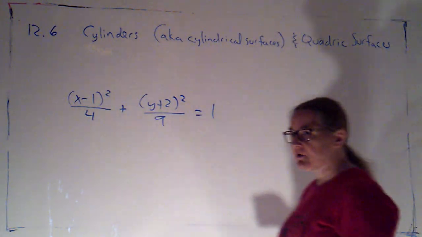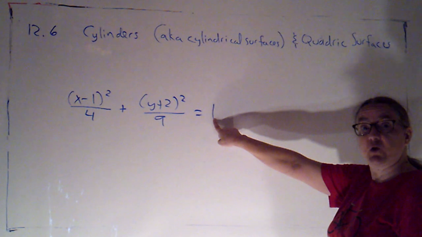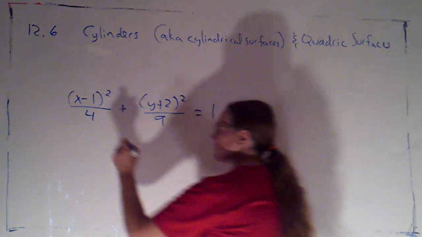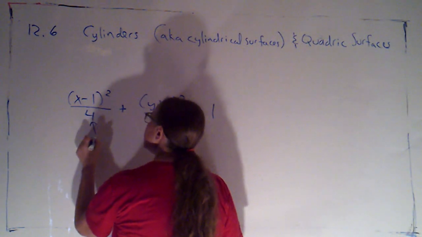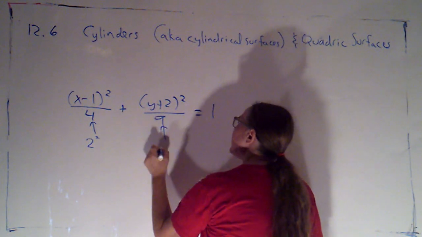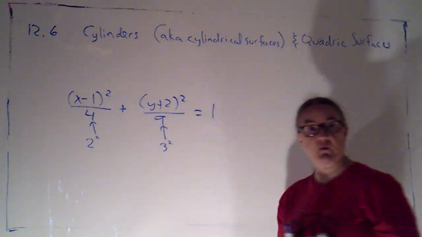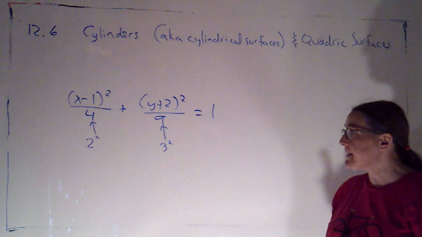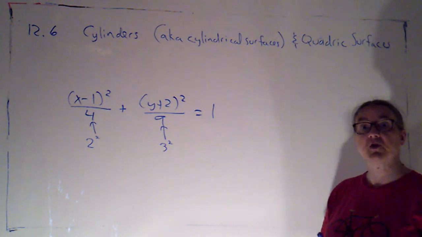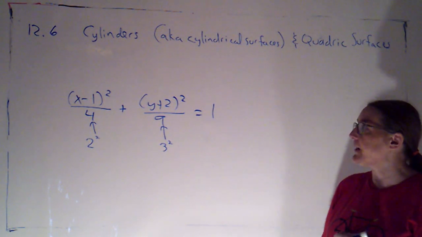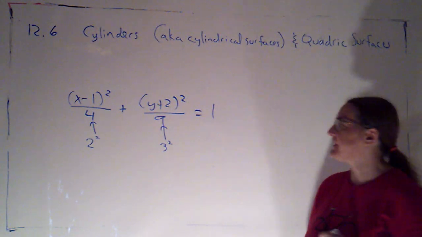This is in standard form because it is set equal to 1. So I'm going to just write in that that 4 is 2 squared and that 9 is 3 squared. 2 and 3 are going to be the important numbers. Those are distances that we're going to be going as we draw the graph of this.